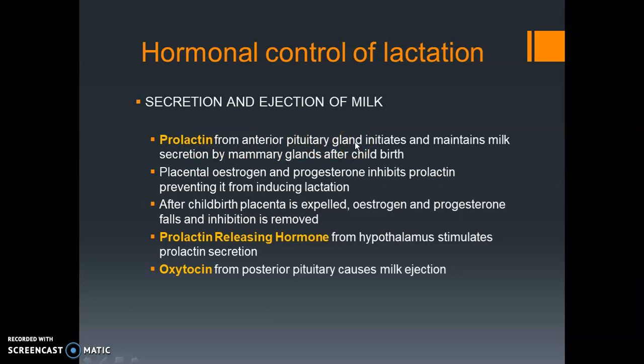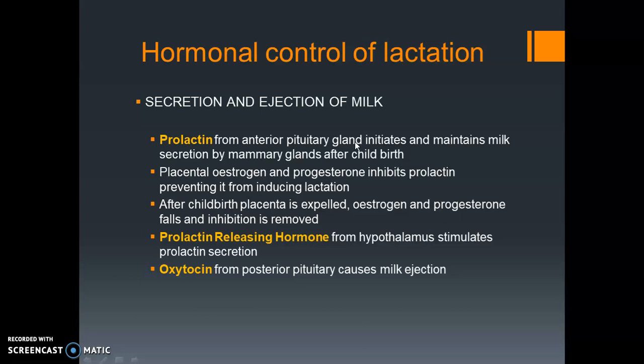So the anterior pituitary gland produces the prolactin hormone, and this prolactin hormone is responsible for the initiation of milk secretion by the alveolar cells in the mammary gland, and this takes place only after childbirth.